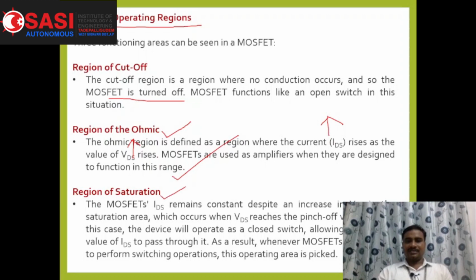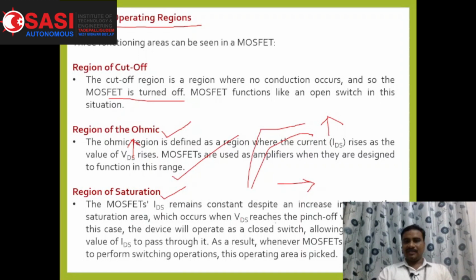Another region is the region of saturation. The MOSFET can be operated in saturation. The result is that the current IDS remains constant despite an increase in VDS, the drain to source voltage, in the saturation region. Therefore you will get constant IDS values even though there is a change in the VDS.